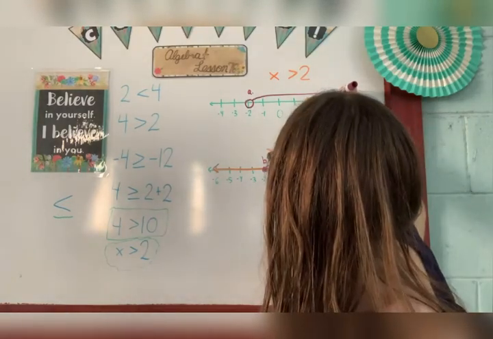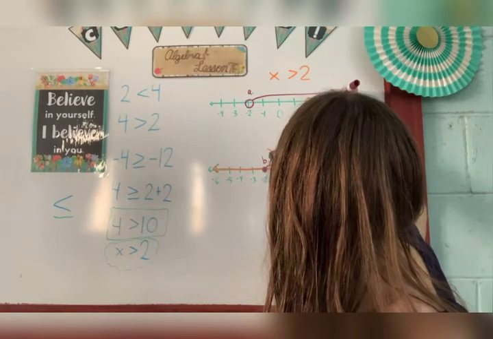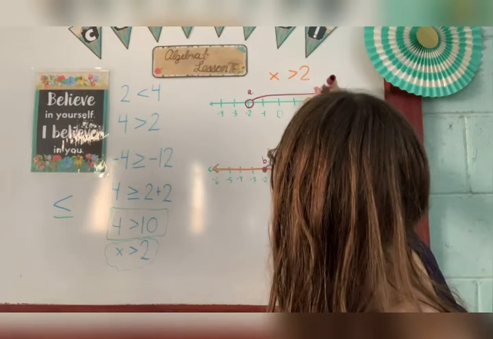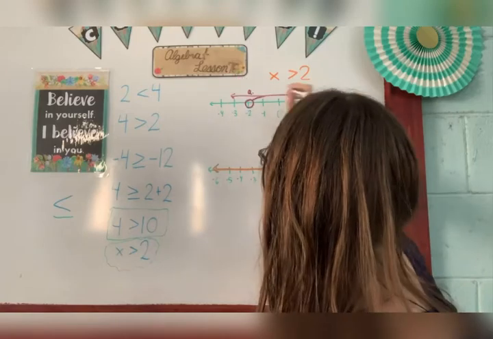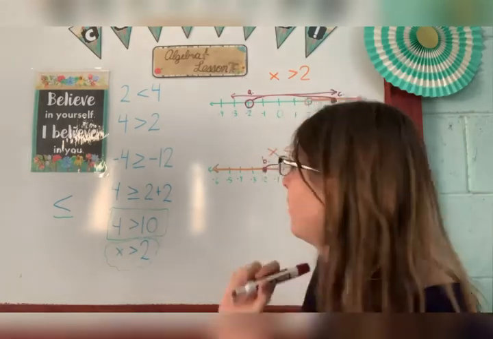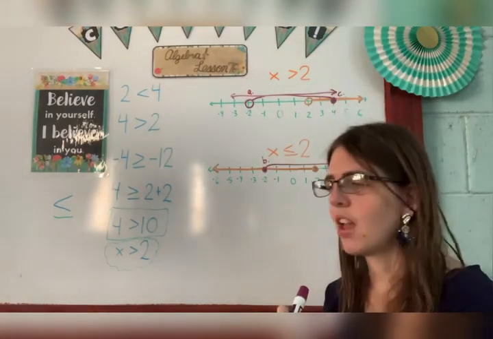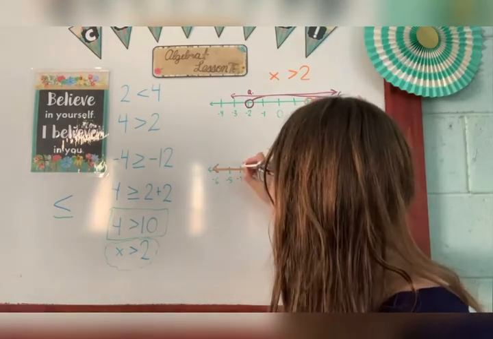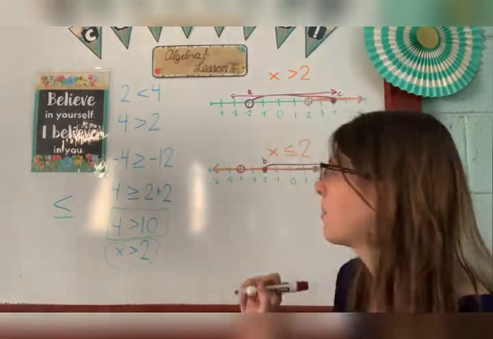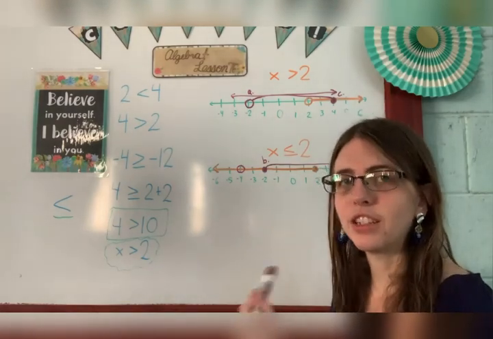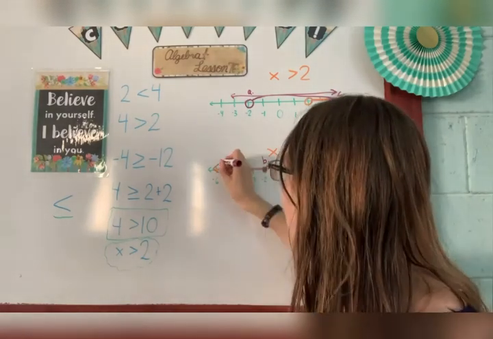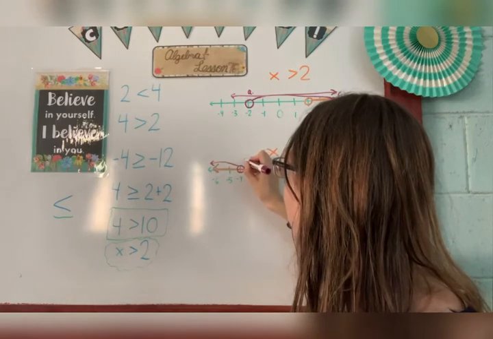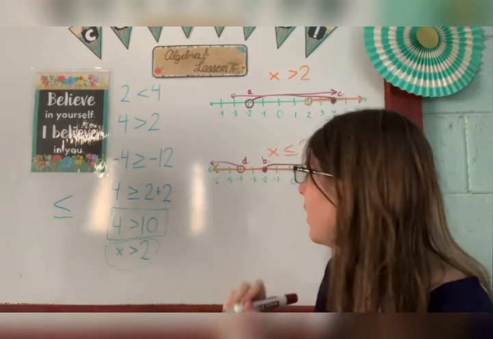So here's 4, closed circle because it could be equal to, arrow to the left. That's letter C. All right, and letter D, less than -4. So open circle over -4 because it's less than -4, it doesn't include -4. And an arrow to the left because it's less than. That's letter D.